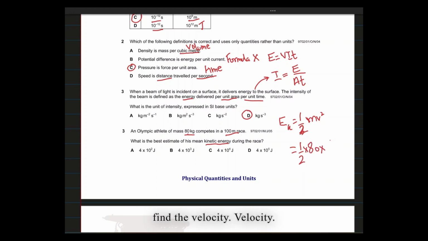We need to find the velocity, so it's an estimate, so I am taking 10 seconds, that an Olympic athlete at most covers a 100-meter race in. So this would result in a reasonable estimate. You can further calculate it and this would give you a reasonable estimate. I think it would be A or B, so in between.